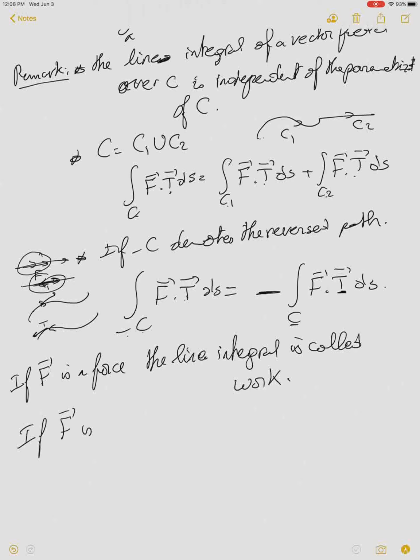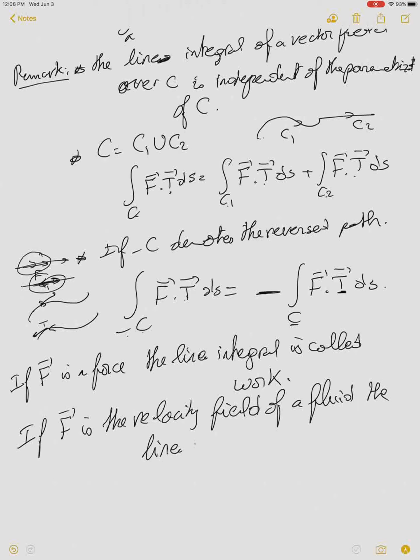If F is the velocity field of a fluid, so I have a fluid that is having a velocity field, like a current. Let's say I have a current produced by a fluid. So at each point the current is in some direction. In this case, F is a velocity field of a fluid. The line integral is called flow.